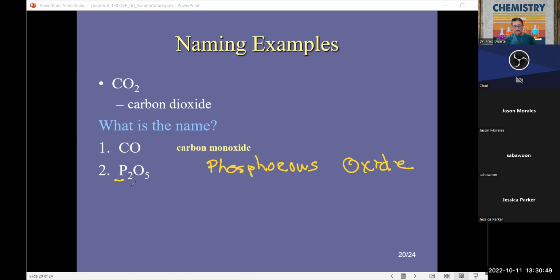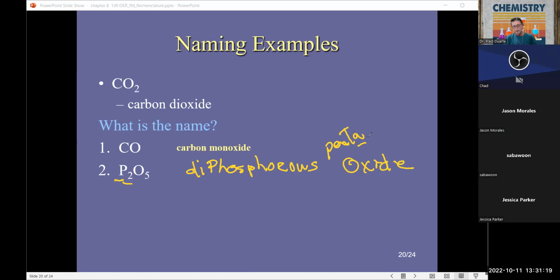Now we go back and add the prefixes. There are two for phosphorus, so it becomes diphosphorus. And then there are five. So 5 is penta. Now here's the thing for correct English notation. You have penta, which ends in an A, which is a vowel, and then you're going to connect it to another word that starts with a vowel.